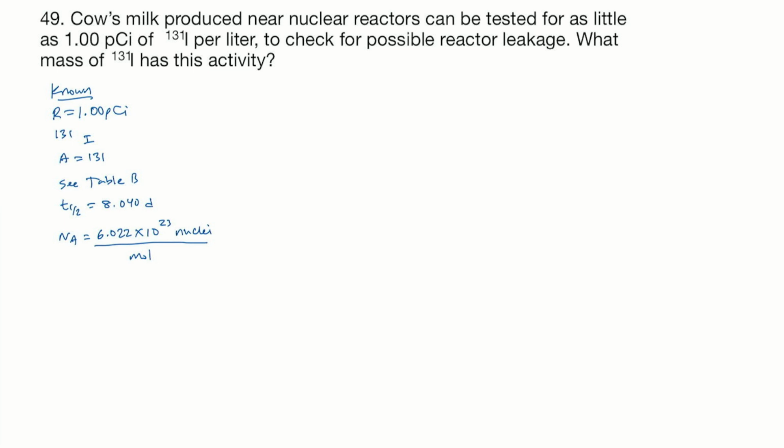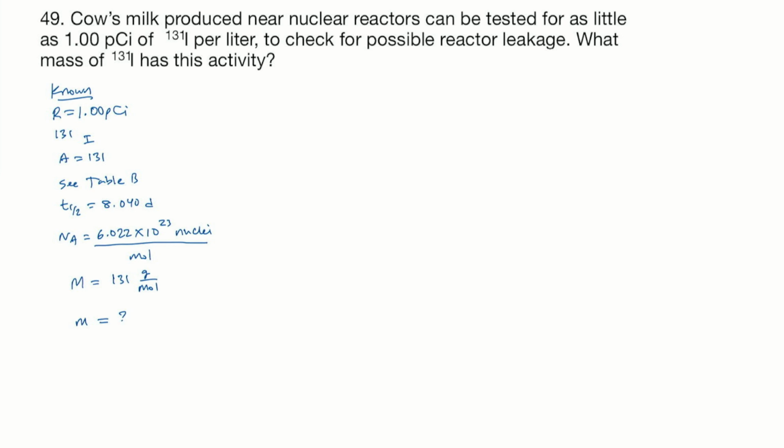From chemistry, a mole of the nuclei is equal to the atomic mass. And so we can say we have a mass of 131 grams per mole. And we are looking for, we'll use a little m, the mass that has that specific activity. So how much of it?